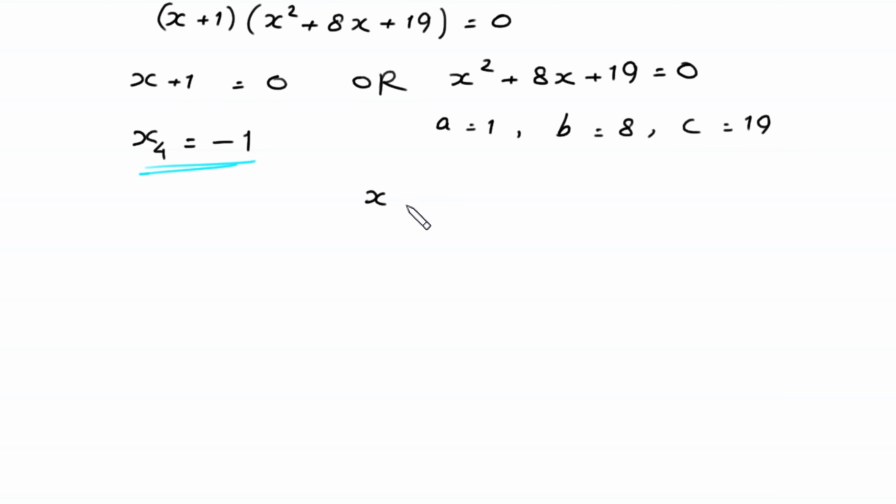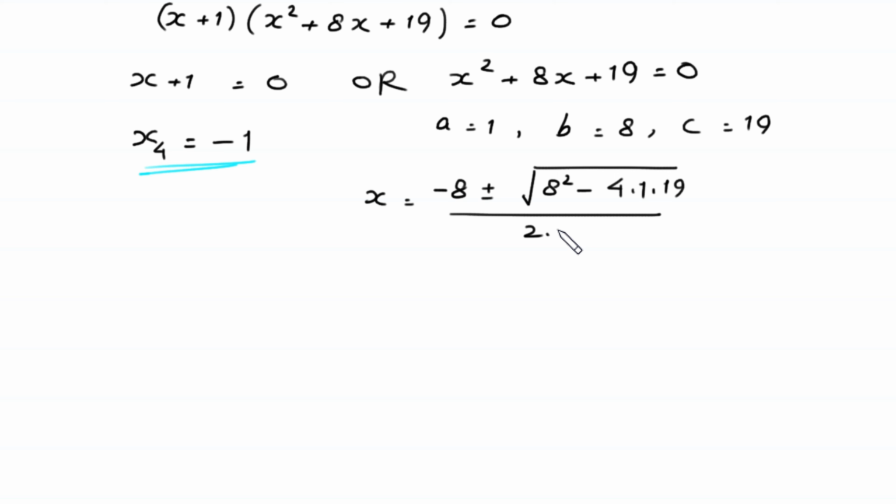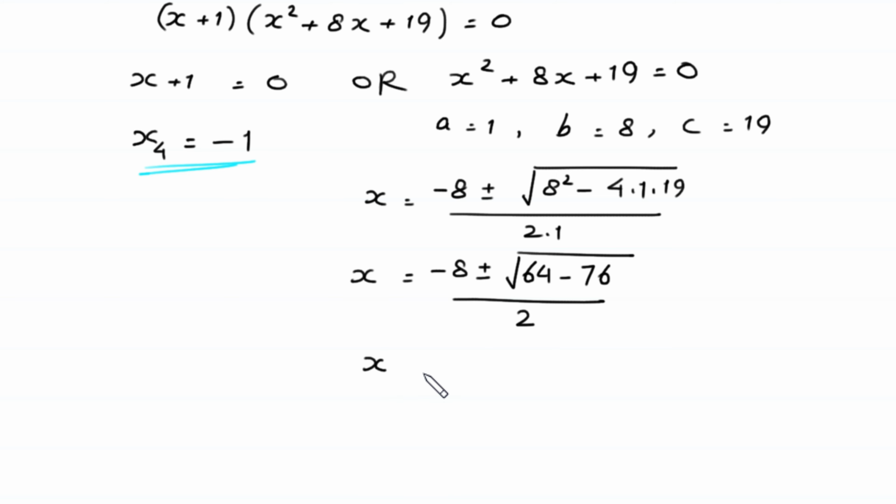According to the quadratic formula, x is equal to negative value of b, 8, plus or minus square root of value of b, 8 squared, minus 4 times value of a, 1, times value of c, 19, divided by 2 times value of a, 1, and x is equal to negative 8 plus or minus square root of 8 squared is 64, minus 4 times 1 times 19 is 76, divided by 2 times 1, 2, and x is equal to negative 8 plus or minus square root of 64 minus 76, negative 12, divided by 2.